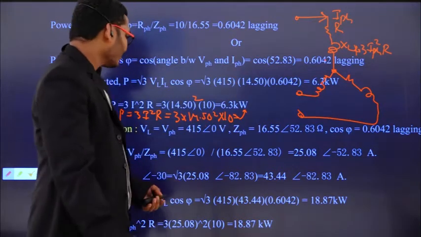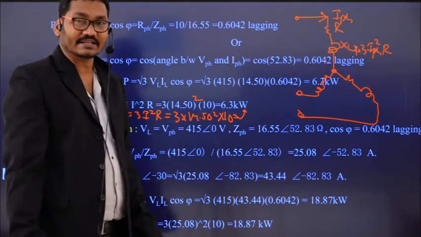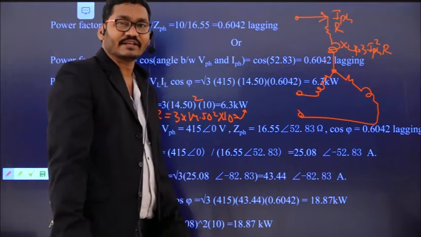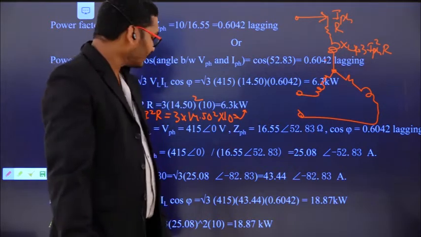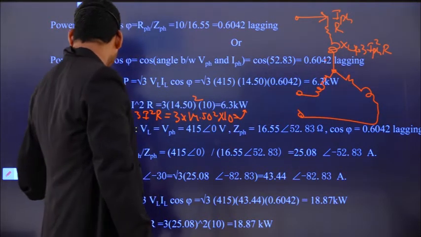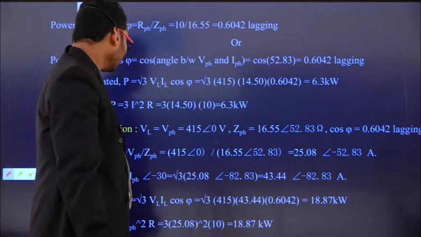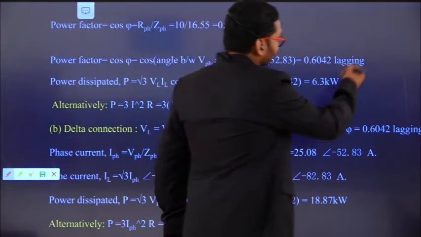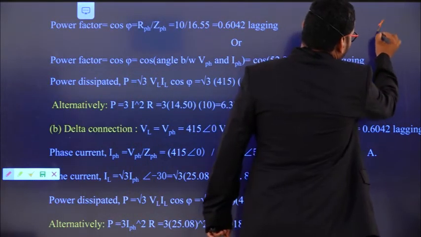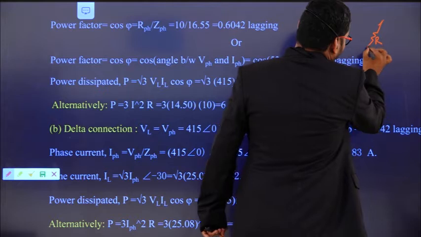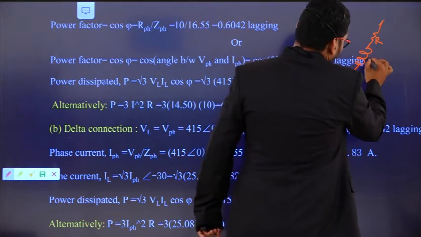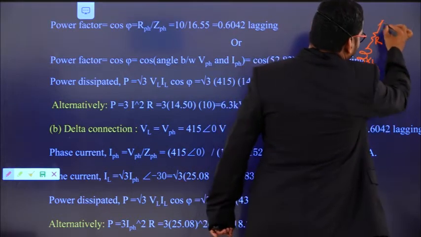Okay, so now we are going for the delta connected load. Up to now we have done the star connected load. For the delta connection, same, this is XL.